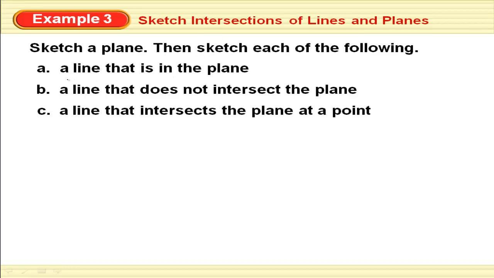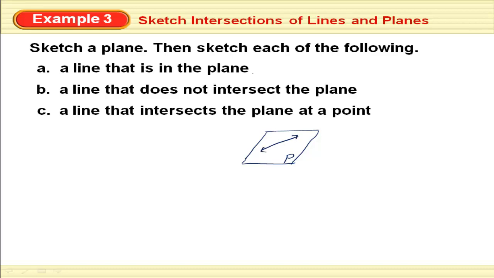Here are the sketches. A line that is in the plane. Now when you draw a plane, this is what I want you to do. For letter A, you draw a straight line, and then these lines are a bit slanted, and then you draw a straight line, and there's your plane, and you can label your plane any letter you want, and they want a line on the plane.